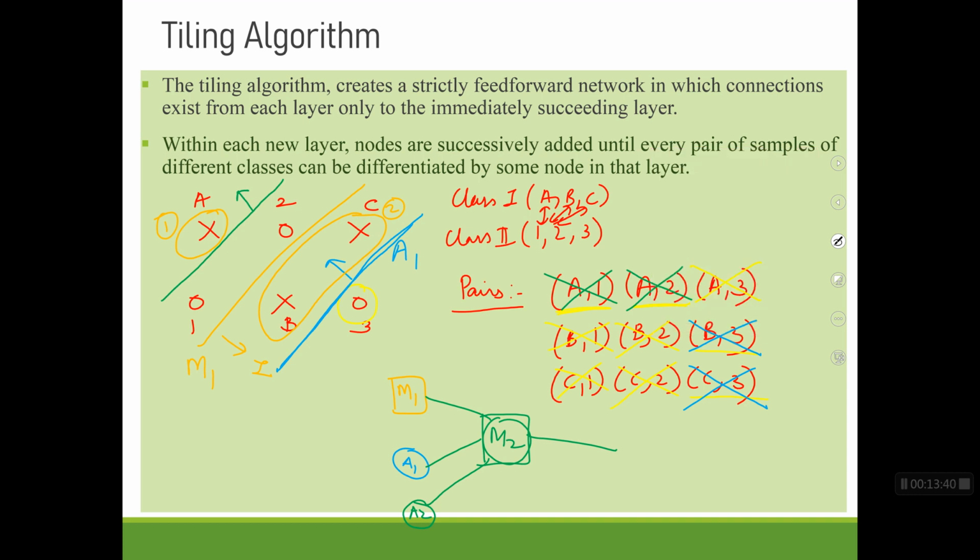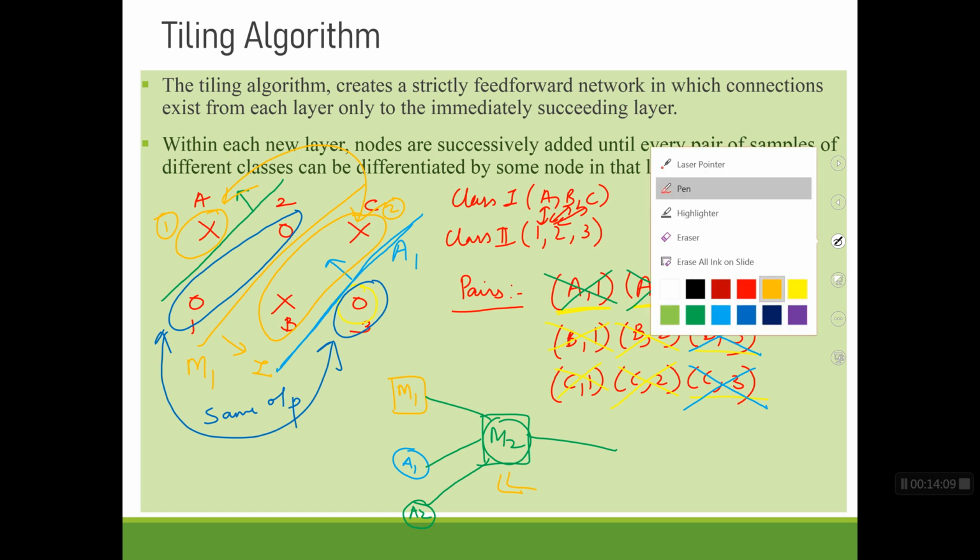Similarly, there is one pattern of class 2 and one more pattern. So these two different patterns of class 2 should produce the same output, and these two patterns of class 1 should produce the same output. In order to ensure that, the second layer will be added. So this is the basic idea of how to go about a tiling algorithm problem. Fine.